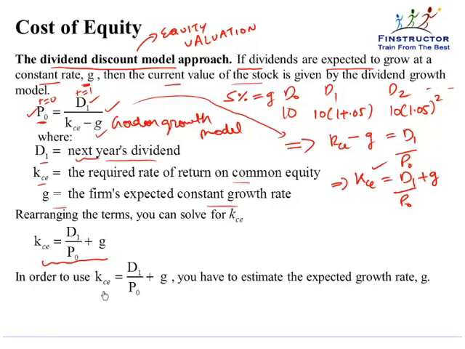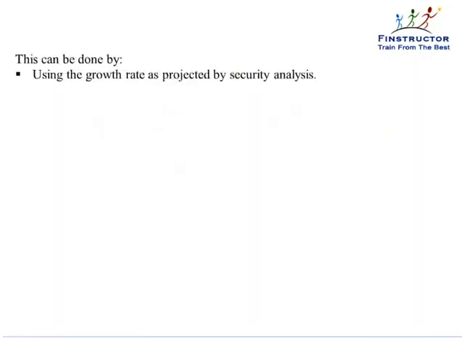Now, in order to apply this formula to calculate KCE, I need to first estimate G. This can be done in various ways. So, one way is to just use the growth rate as projected by various security analysts and what they feel about the growth rate G.